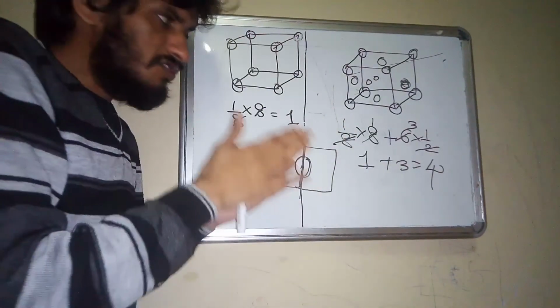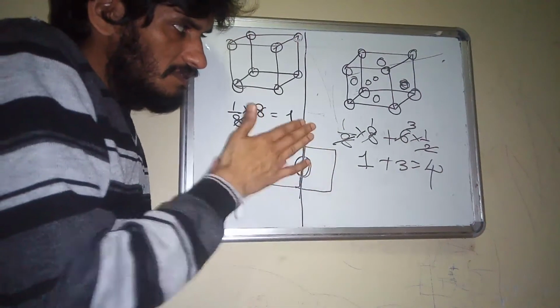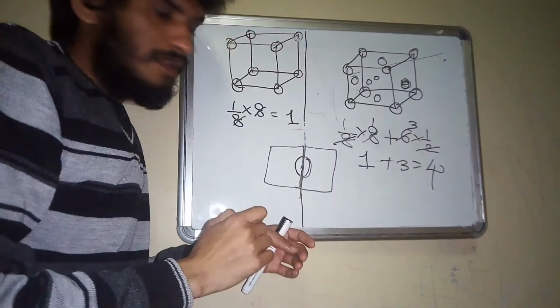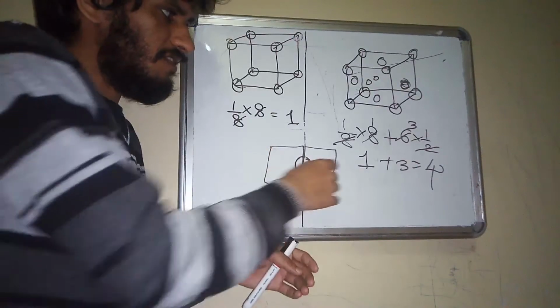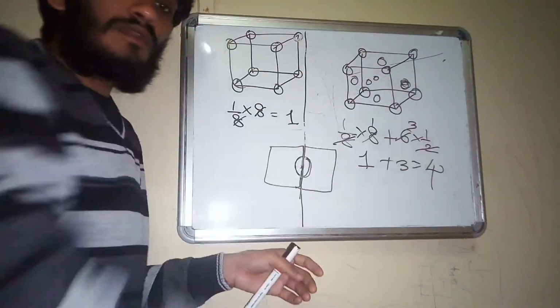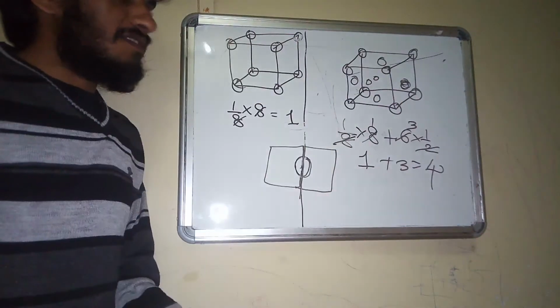Like that, 6 faces have a total of 6 lattice points, and the contribution of each lattice point is half. That means a total of 4 lattice points are present in the face centered unit cell.